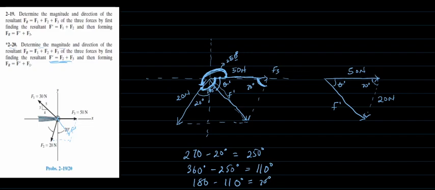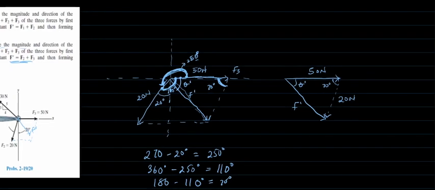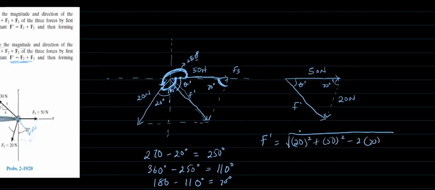So now let's apply the cosine rule to get this F bar. We square the sides and add them up, minus 2 times the sides times the cosine of the angle directly opposite F bar, which is 70 degrees. Resolve this and you get that F bar is equal to 47.07 newtons.